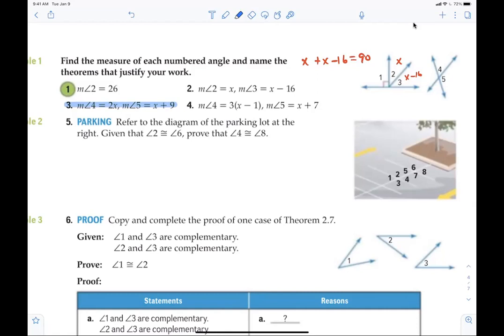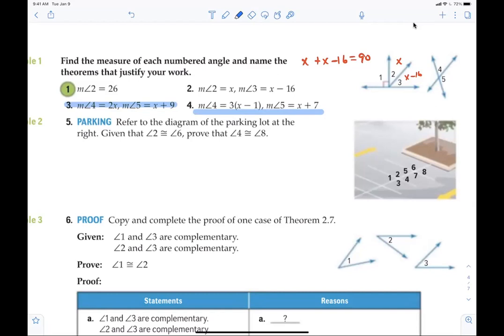And someone else. Nate, tell me about number 4. 4x plus 6 equals... Come on.